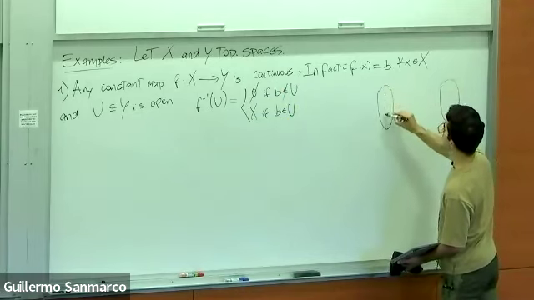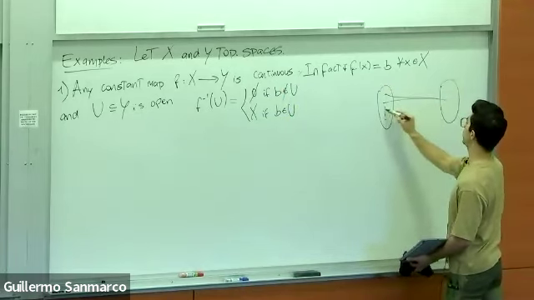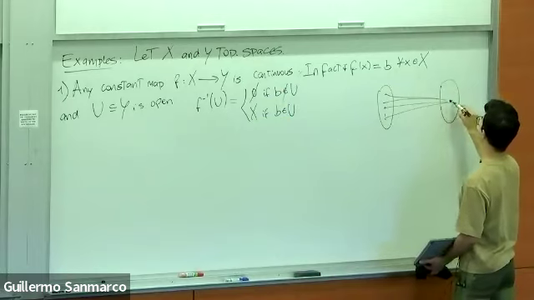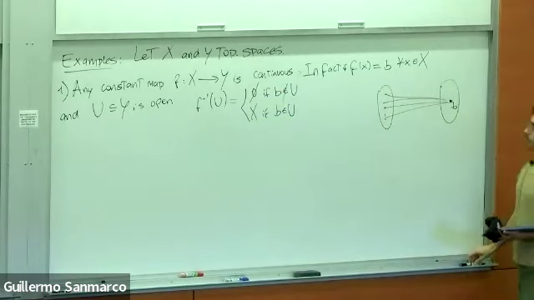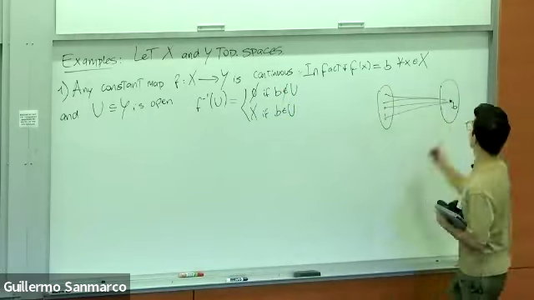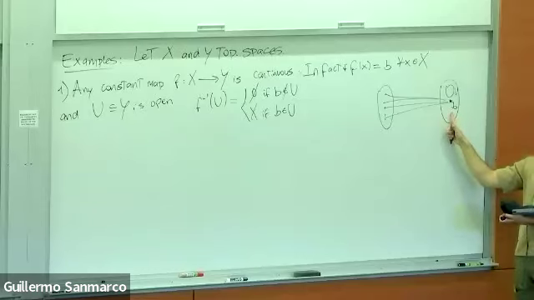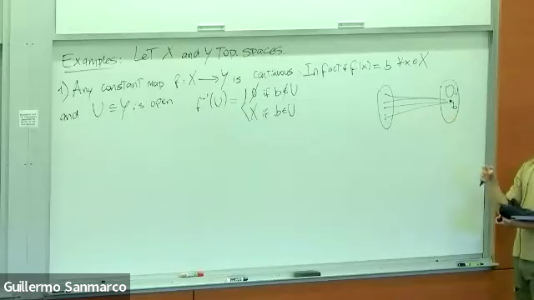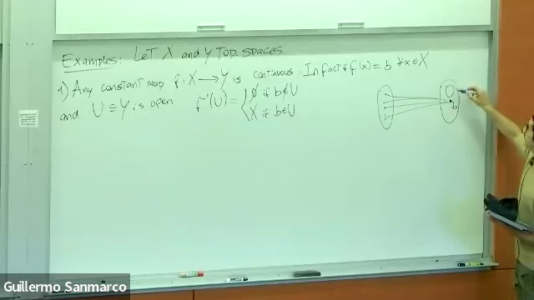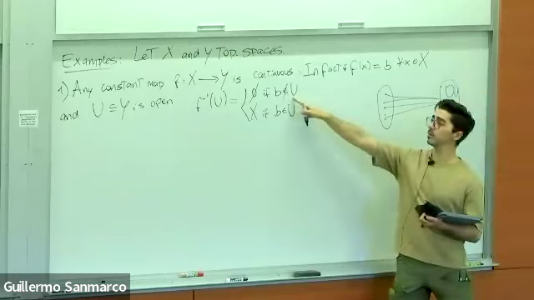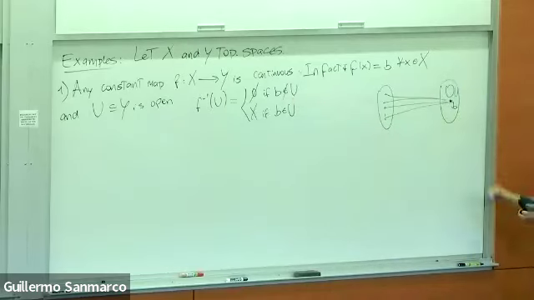Here's your F. Everything is going to B. Here's your B. So your U, you're taking an arbitrary open set in Y. It could be something like that, a perfectly valid open set. And then the preimage is empty because U doesn't contain B. Everything goes to B. And if U contains B, then the preimage is everything, because everything maps to B.